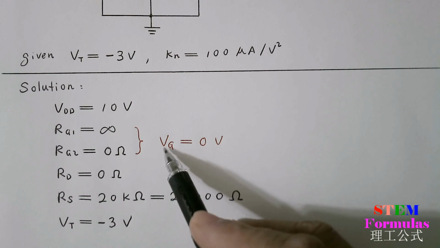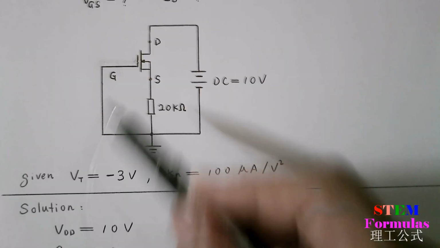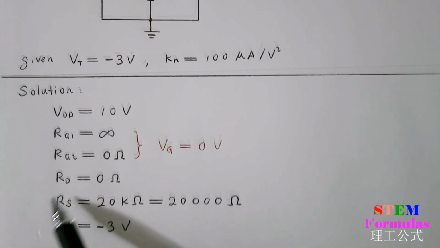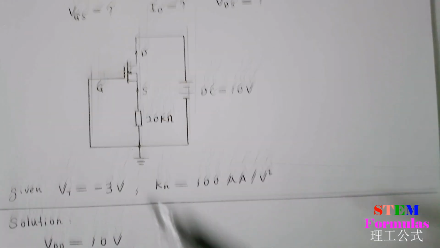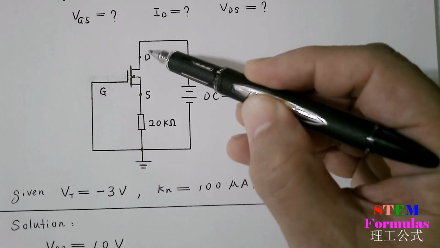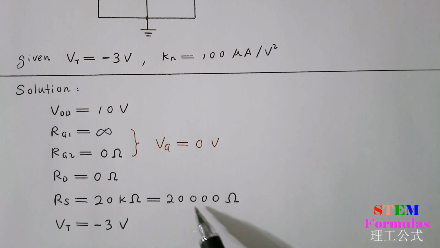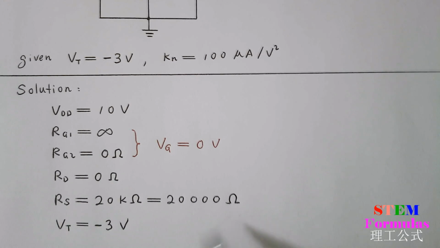So we know that VG equal to 0 volts. It's connected to ground. RD equals 0 ohm. There's no resistor, so RD equal to 0 ohm. RS equal 20 kilo ohm, equal 20,000 ohm. VT equals minus 3 volts. So we input all these parameters in the Matlab code as follows.